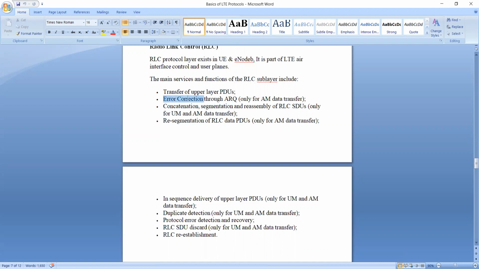First point, error correction through ARQ. Second point, it is responsible for concatenation, segmentation, and reassembly.